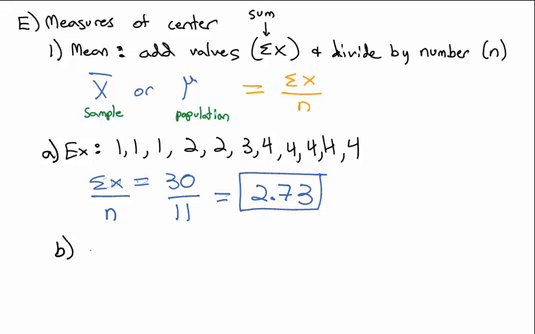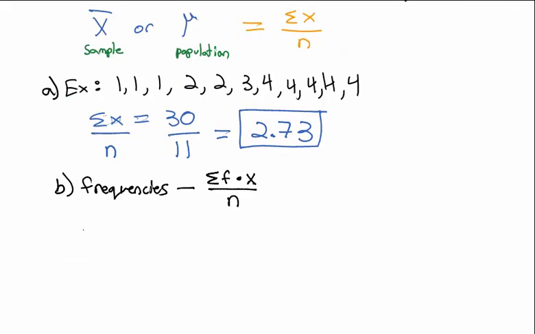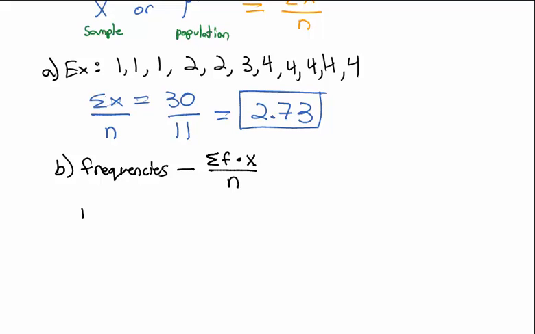Sometimes rather than adding up all the values, it's easier to work with the frequencies. And with frequencies, we change the formula slightly. We're going to say it's the frequency times the value, the sum of those divided by n. Here's what I mean by that. Let's make a column for the x's and a column for the frequencies. X's were 1, 2, 3, and 4.